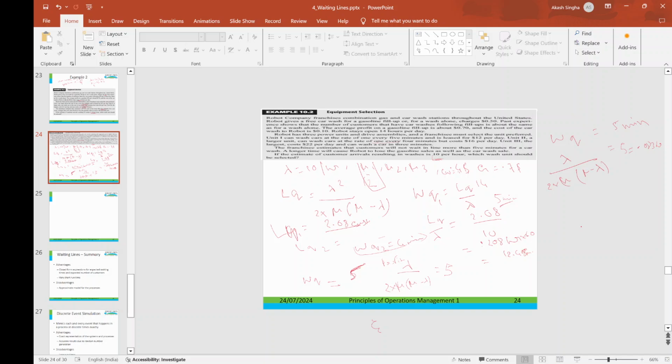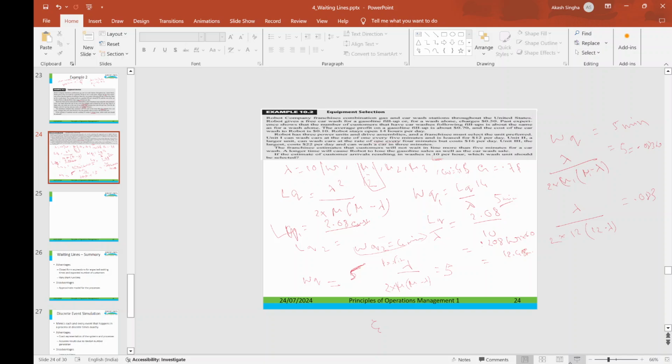So here we have mu, because we are calculating for the first server. So first server's mu is fixed, that on every 5 minutes it can do one car wash. So substituting the mu value, which is 12 per hour, we will get lambda by 2 into 12 into 12 minus lambda equals to 0.083.